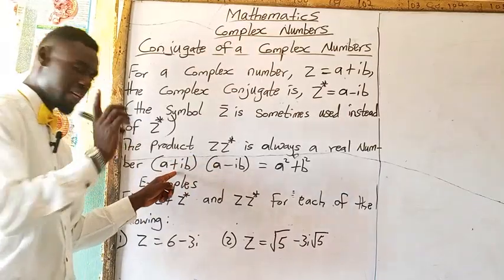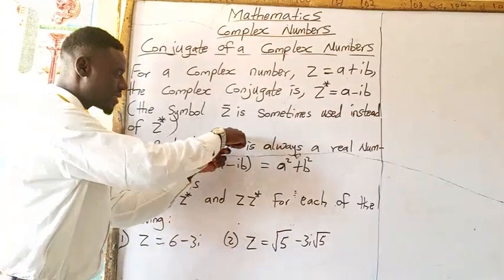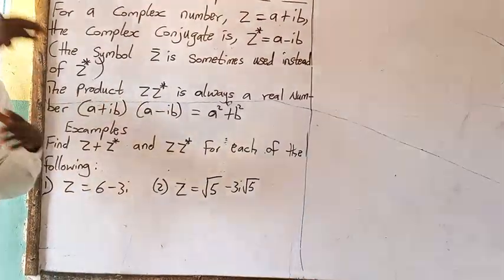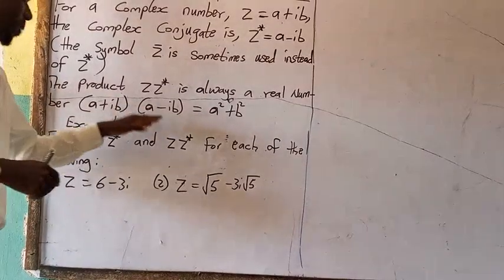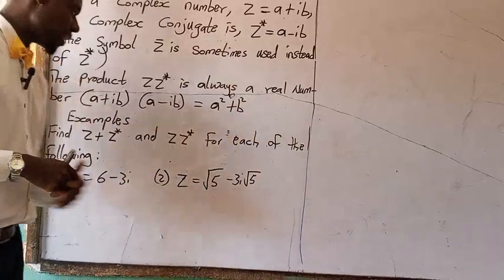You see the plus now. The main concept here is that the plus is now changing to minus because this Z star is the conjugate, while this one is the original complex number given to us. All right, if we multiply this, we'll end up having a squared plus b squared.